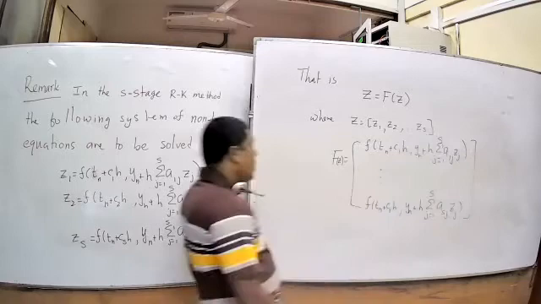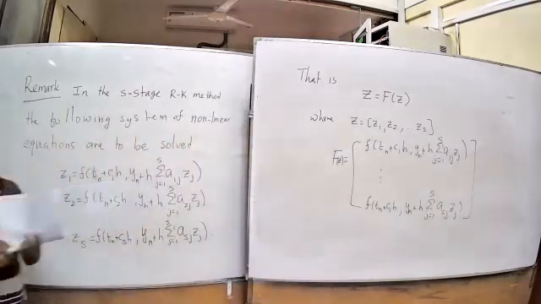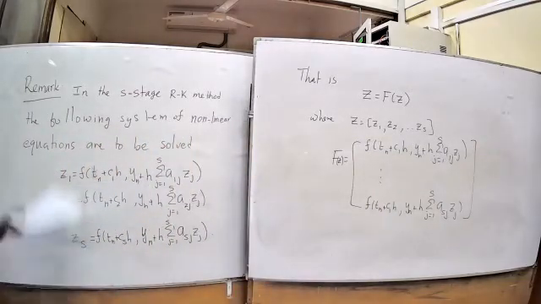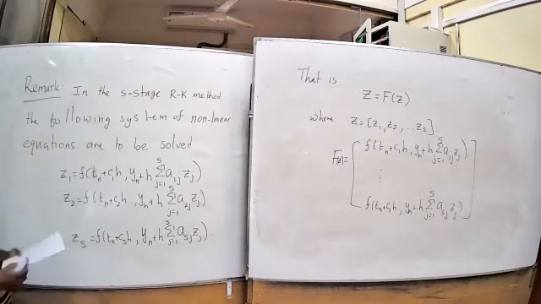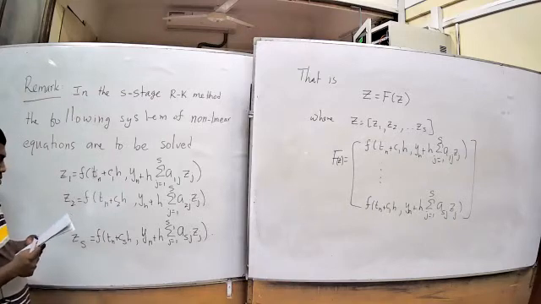So you can rewrite this as a system of equations, right? Whose matrix notation is this, right?